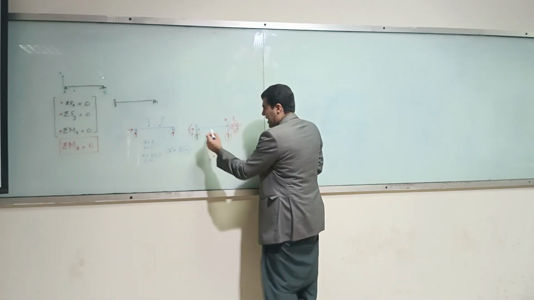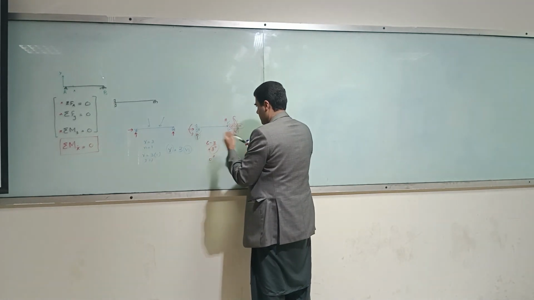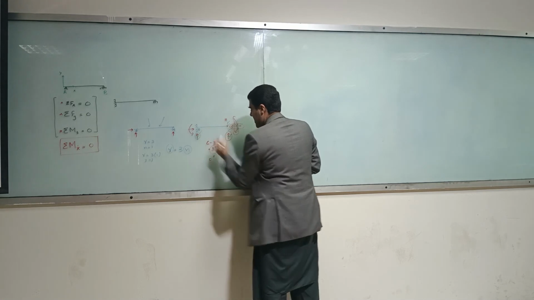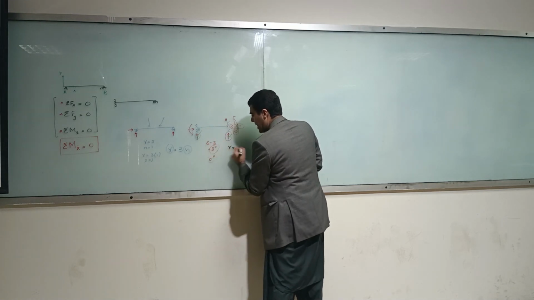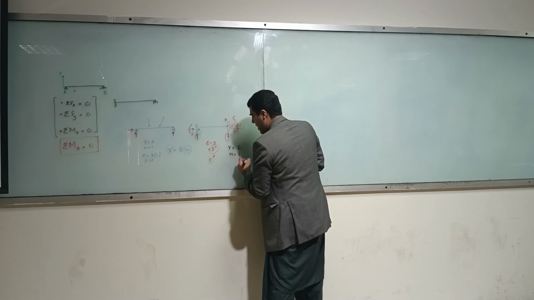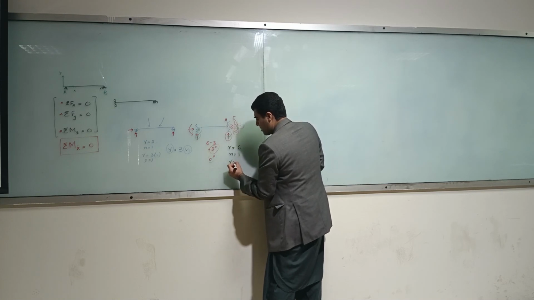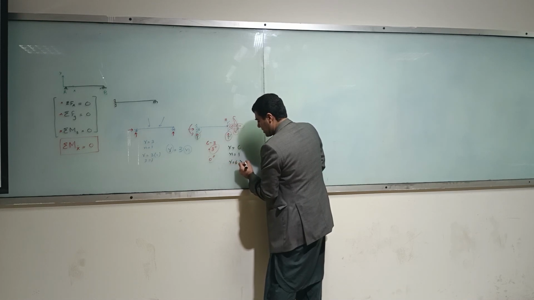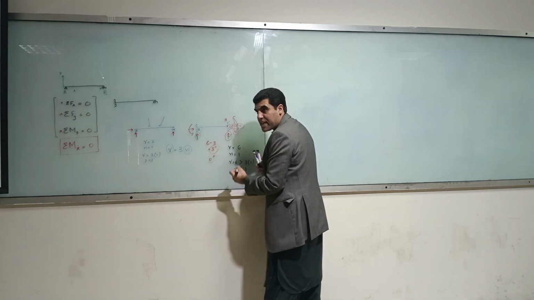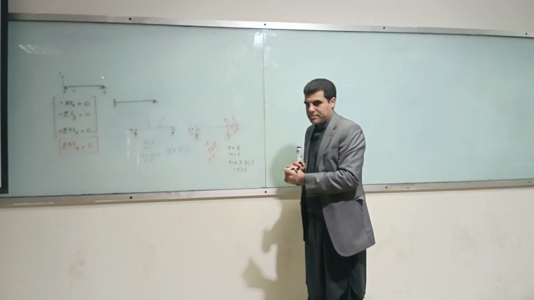And in this case, what is your R? R is equal to 6. N is equal to 1. So 6 is greater than 3 times 1, which means that it is an indeterminate structure.